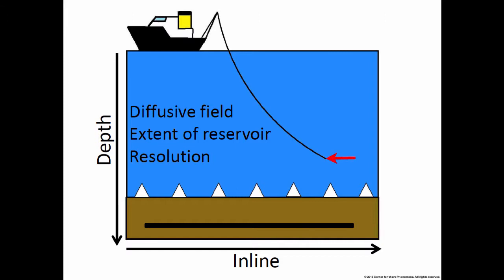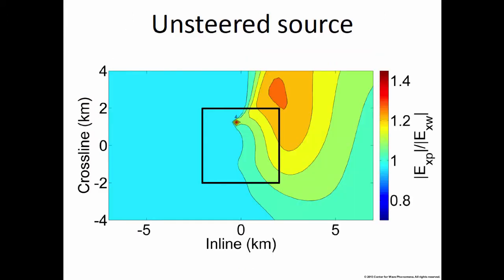And the technique that we propose to do this is synthetic aperture and steering. So this is the result of applying a 2D synthetic aperture source to some CSEM data. Here we're looking at a mapped view of the values of the receivers on the ocean floor. And the black square outlines the reservoir.